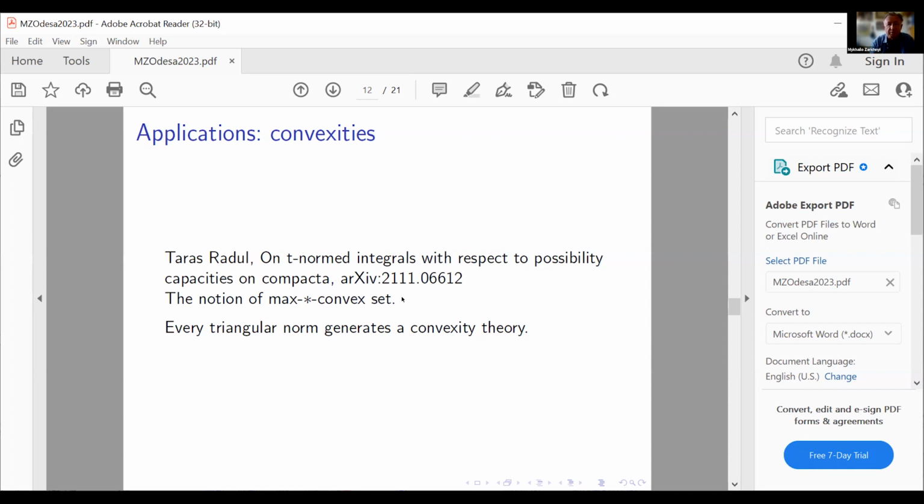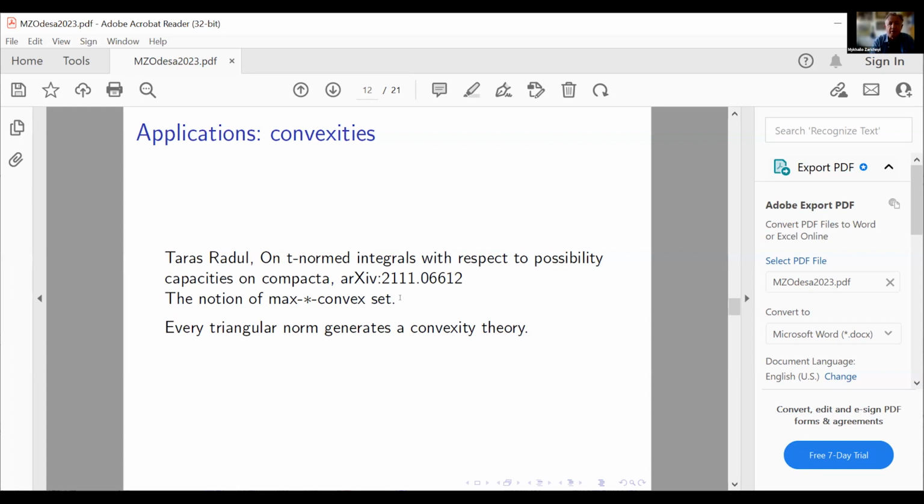So let me simply mention this fact that having the notion of a star measure, one can define the notion of so-called maximum star convex sets, and the convex sets that correspond to the so-called idempotent measures.